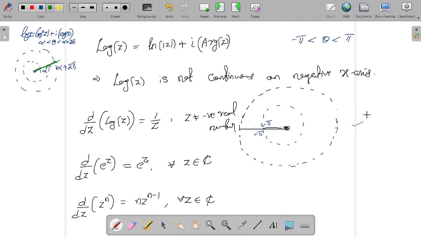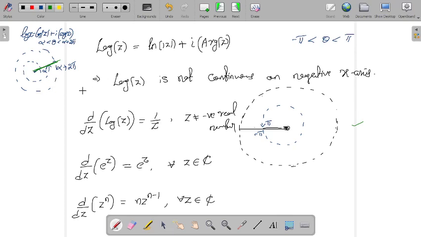But just for convenience, you can define it another way: instead of the principal logarithmic function, you take a similar function, but instead of starting at the negative x-axis, you start at some line making an angle alpha with the x-axis. In that case, the argument value will lie between alpha and alpha plus 2 pi, right?